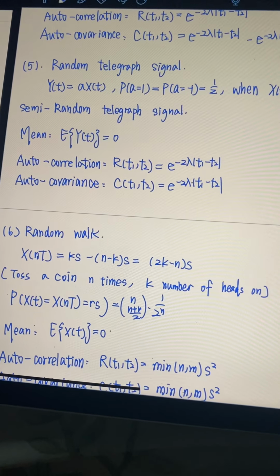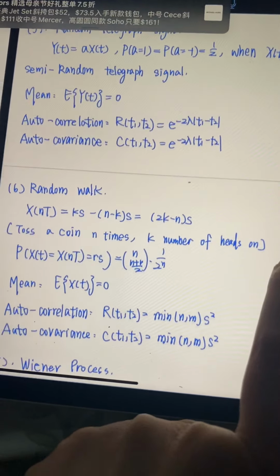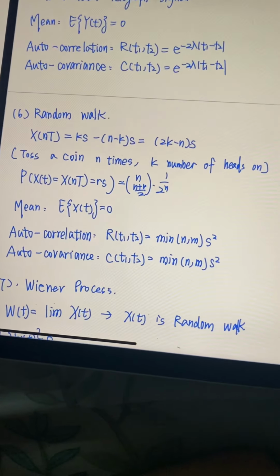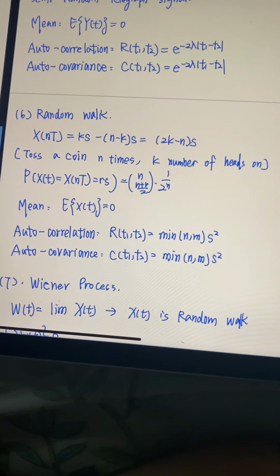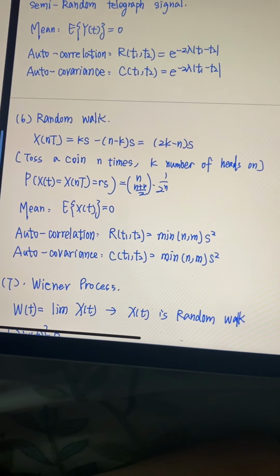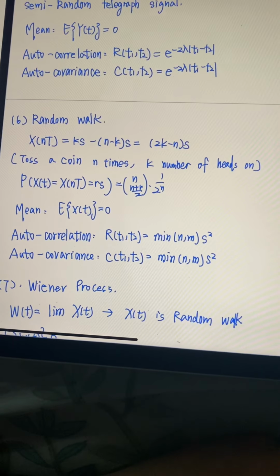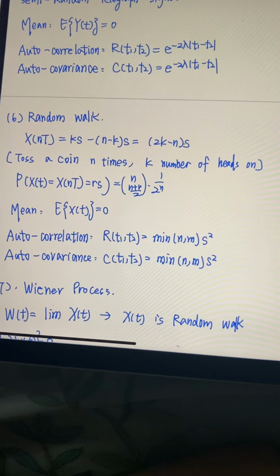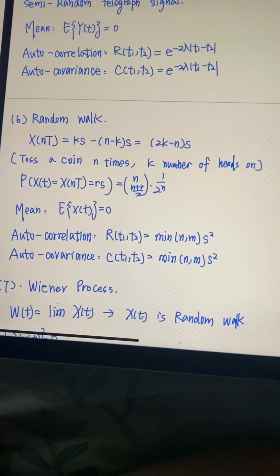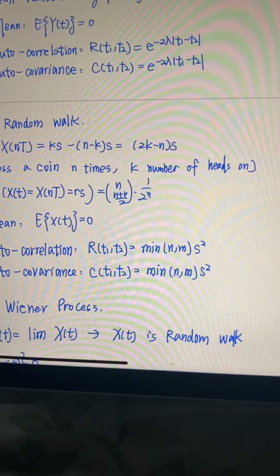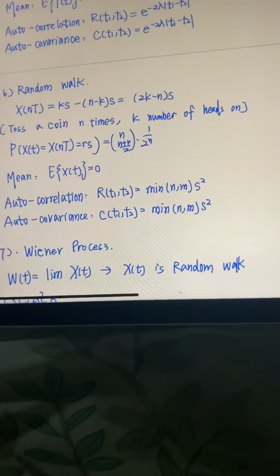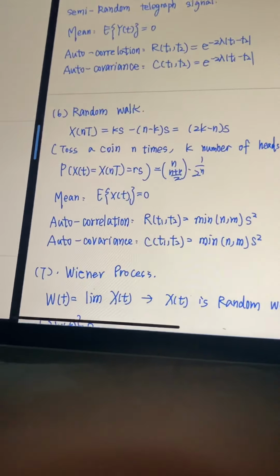And for the random walk, suppose we toss a coin n times and get k heads. So X(n) is equal to ks minus (n minus k) times s, that is (2k minus n) times s.